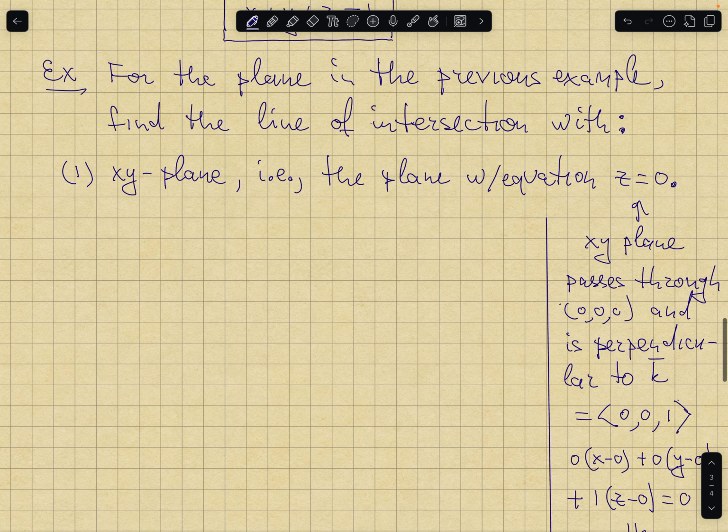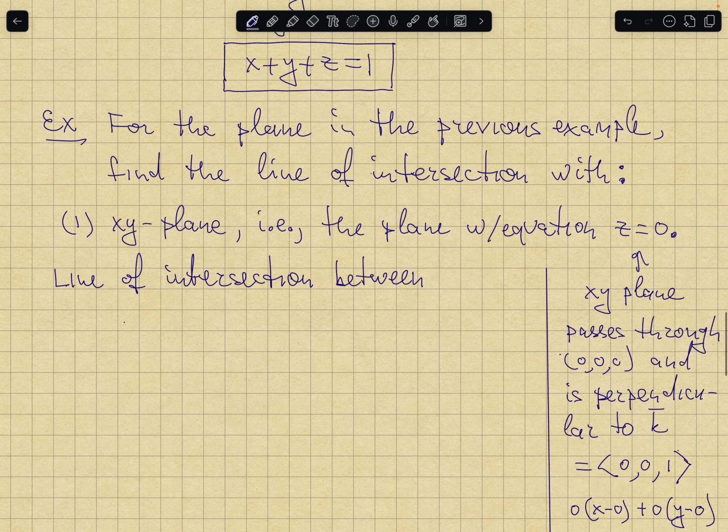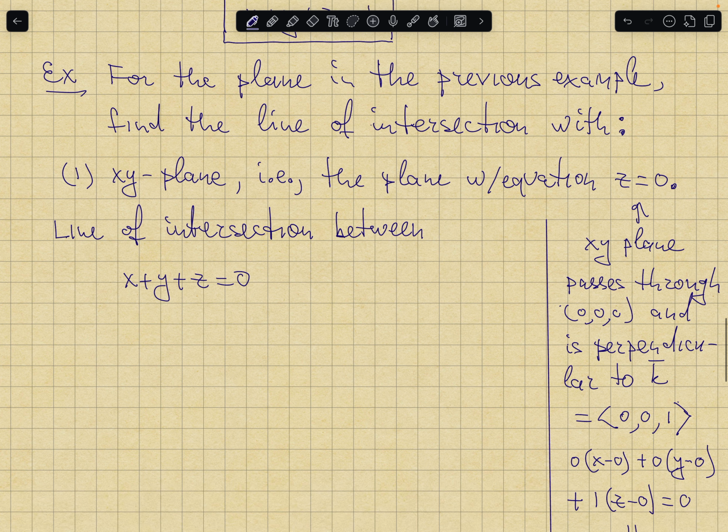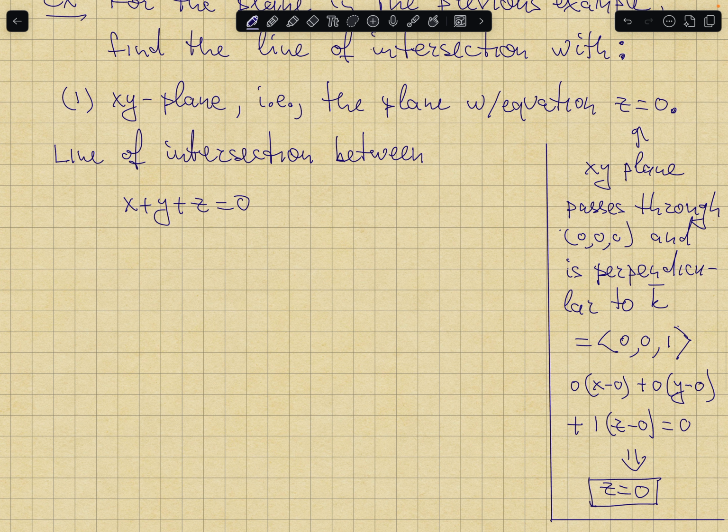Okay, so now I'm looking for the line of intersection between my two planes. One plane is x plus y plus z equal to 1, and the second plane is z equals 0. All right, so what are we supposed to do?